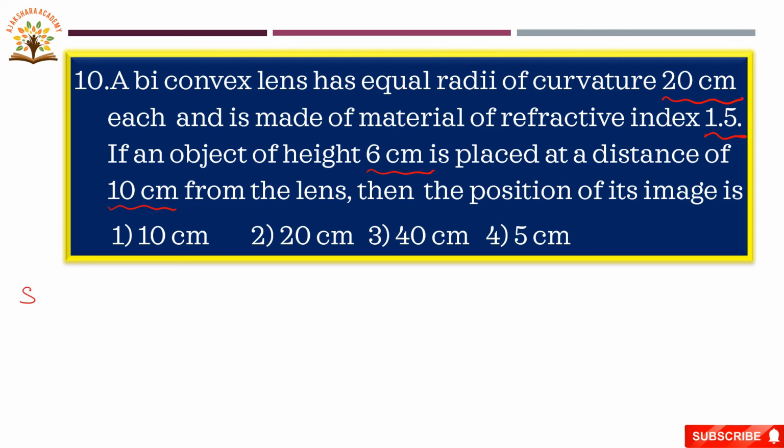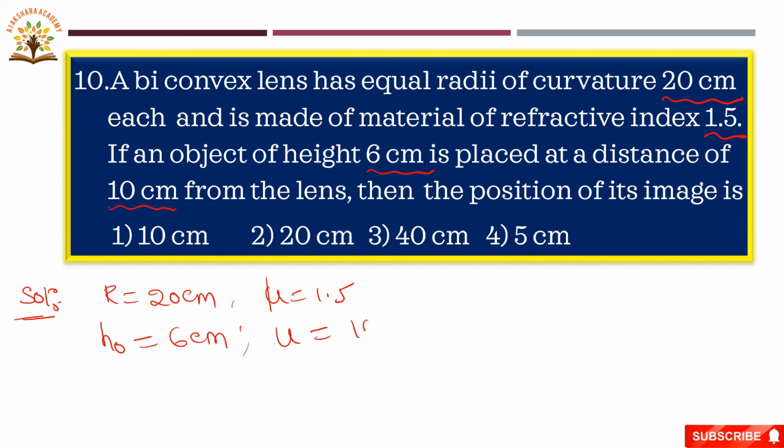Now let us go to the solution. Given R is equal to 20 centimeter, refractive index mu is equal to 1.5, object height h naught is 6 centimeter, and object distance is 10 centimeter.